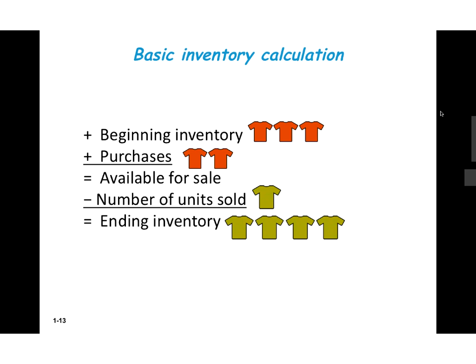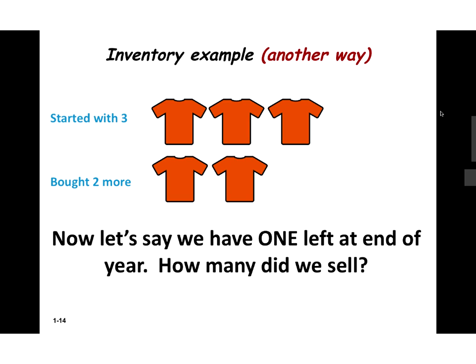Okay, so that is one. We're going to come back and see this again. So let's go back to our inventory example. Let's say we have 1 left at the end of the year. How many did we sell? So we start with 3. We bought 2 more. We have 1 left at the end of the year.